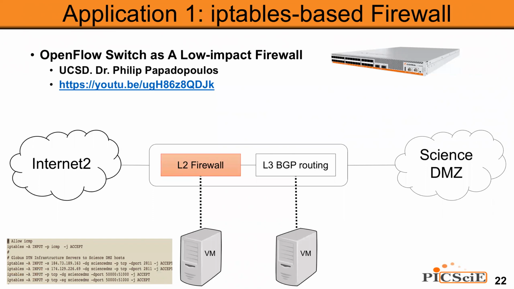It's still a stateless firewall, but I think it's a really good thing. You can just create an IP table-based low-impact firewall, just like that. We actually have this running in our environment in front of our L3 BGP routing application, and it helps us secure our perfSONAR nodes and data transfer nodes in our Science DMZ.